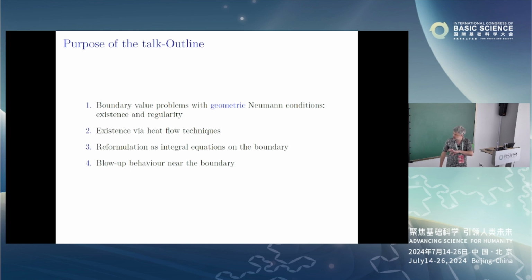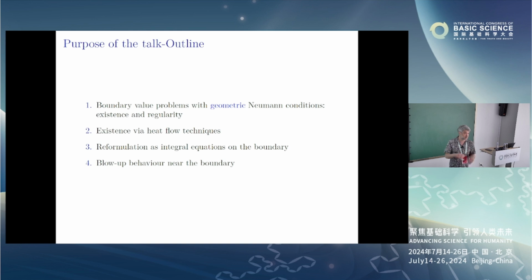My aim is to investigate boundary value problems with geometric Neumann conditions, both from the point of view of existence and regularity. And the idea, at least for the existence, is to use heat flow techniques. One of the main novelties developed in the last years has been reformulating some of these problems through integral equations.